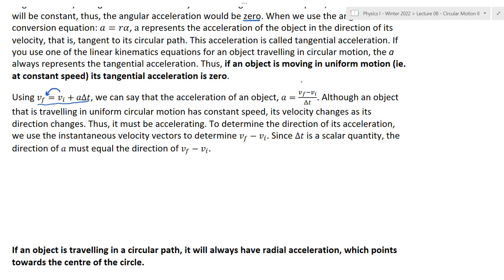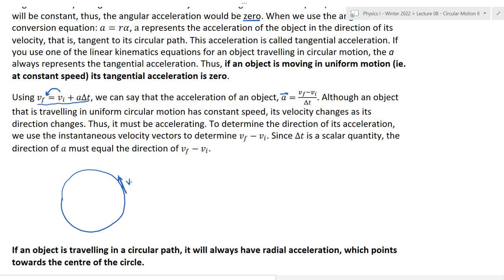So it's accelerating. To determine the direction of the acceleration, we can think about the instantaneous velocity vectors and figure out what V final minus V initial is. Okay, so let's think about what is the direction of this acceleration vector if you're traveling in uniform circular motion. So that means constant speed, but around a circular path. So let's say at one moment in time, your velocity looks like this.